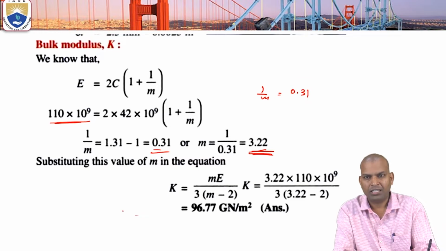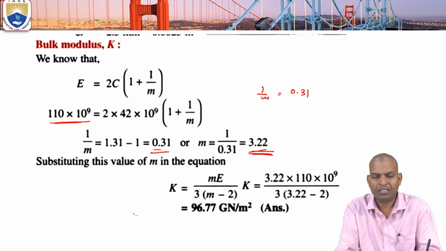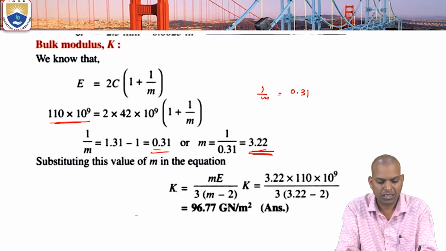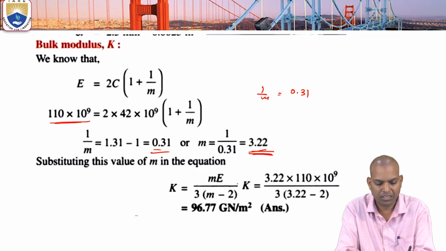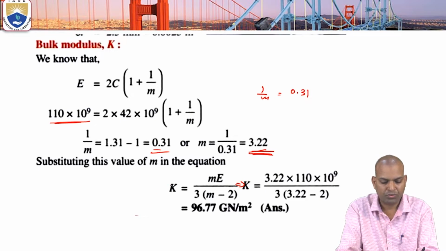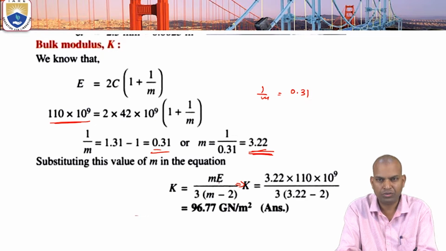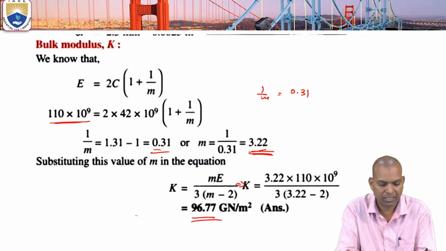There is another relation: E equal to 3K times m minus 2 over m, that is K equal to m E by 3 times m minus 2. Then substitute the m value and E value, and the bulk modulus can be calculated.